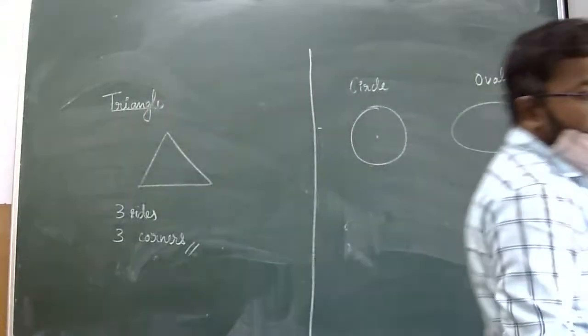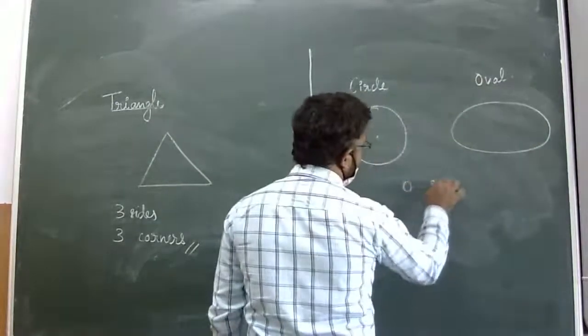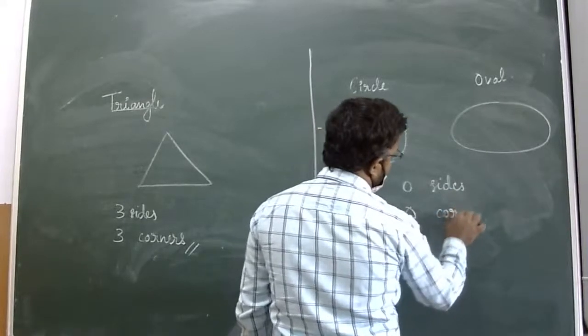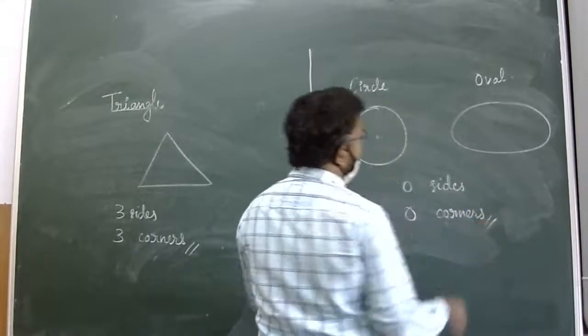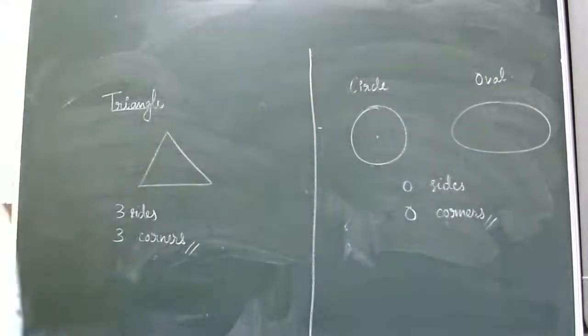In circle and oval, we already know how many sides it has. Don't talk. No, zero sides and zero corners. In both, we don't have any sides and we don't have any corners.